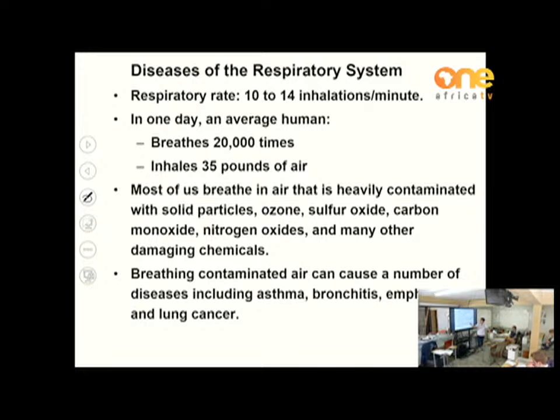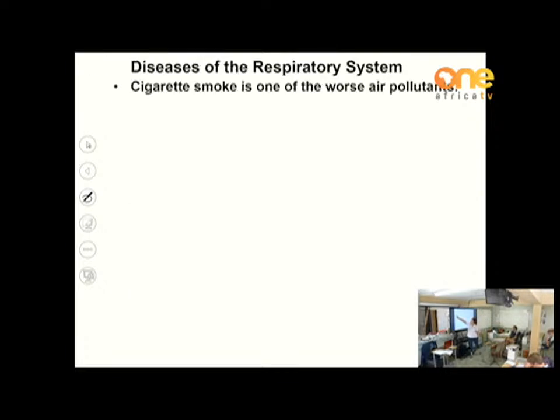Breathing contaminated air can cause a number of diseases. And you need to know what is asthma, bronchitis, emphysema. What is the difference between these? I do have the explanations.